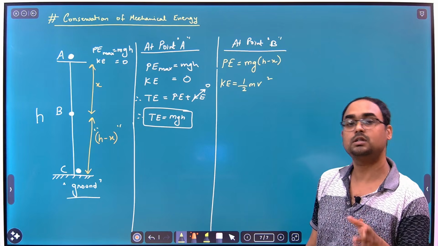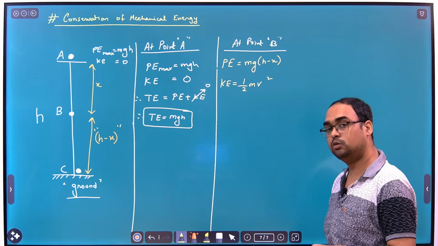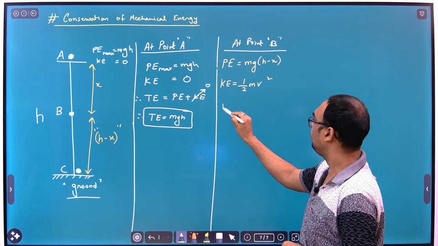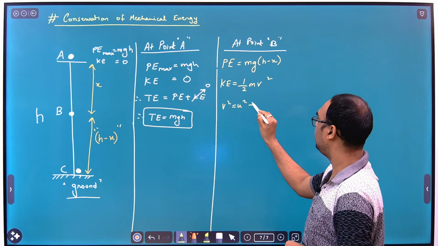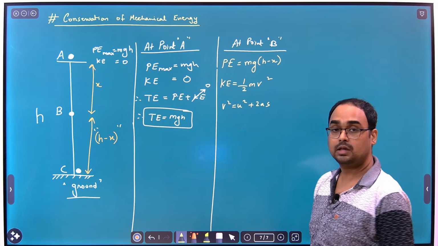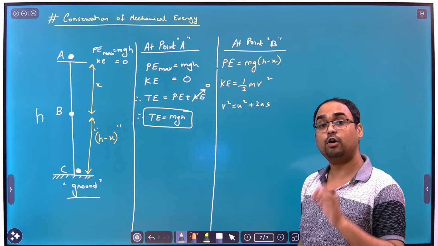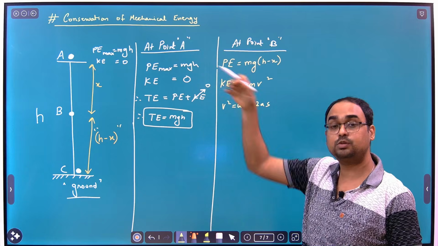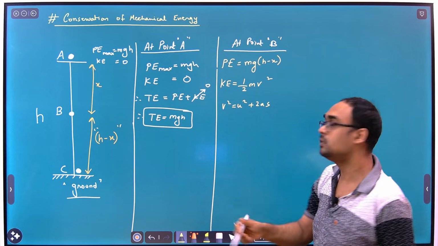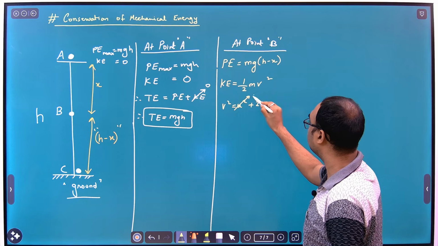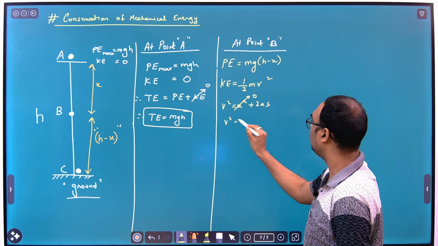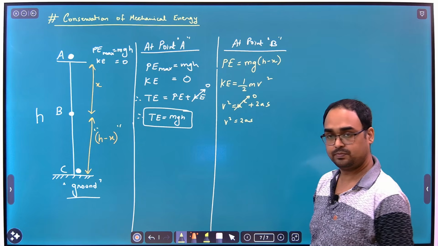How to solve this? Let's move back to our Newton. v square equals u square plus 2as. Since the body initially was at rest, the initial velocity u is 0. So v square equals 2as.